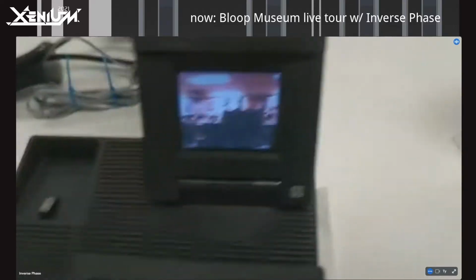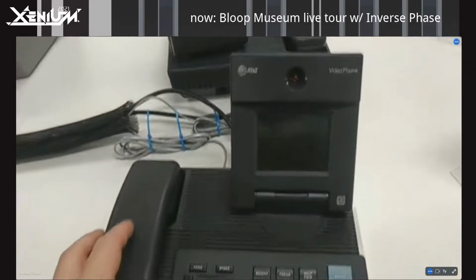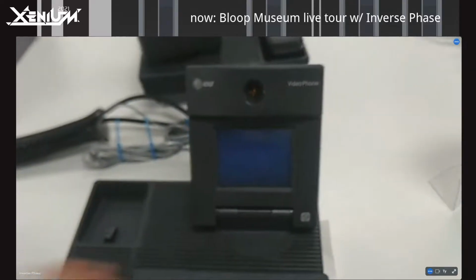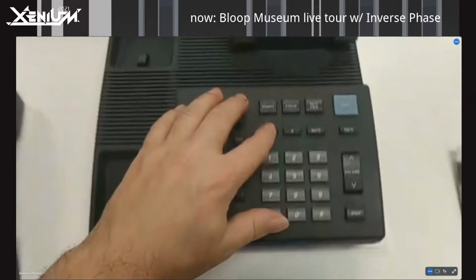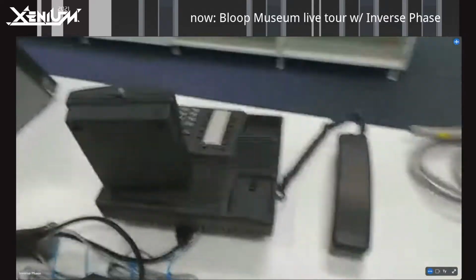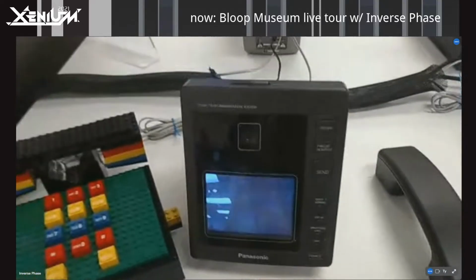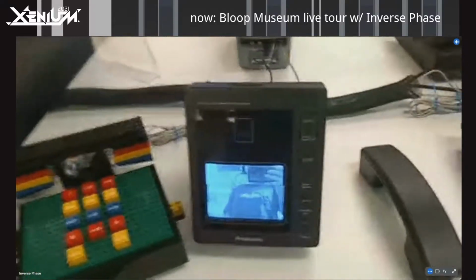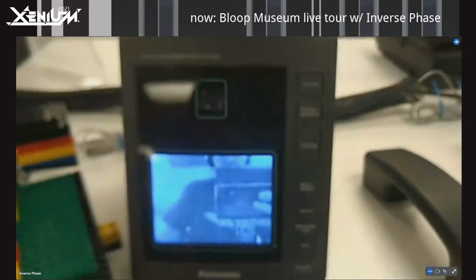So I can hang up this phone and then call myself back. This time I'm not going to go into video mode. I'm going to use these phones instead, which share the same phone line. So these guys you would actually plug into your existing phone, and right now you're just looking at yourself.